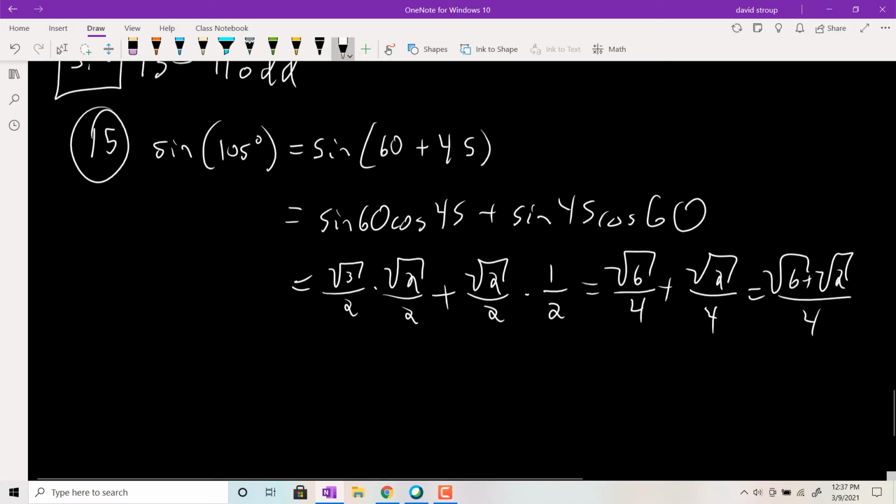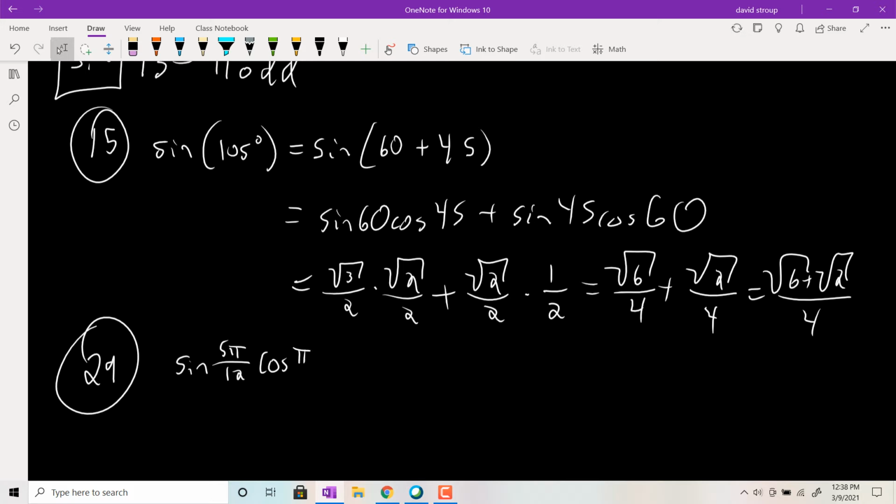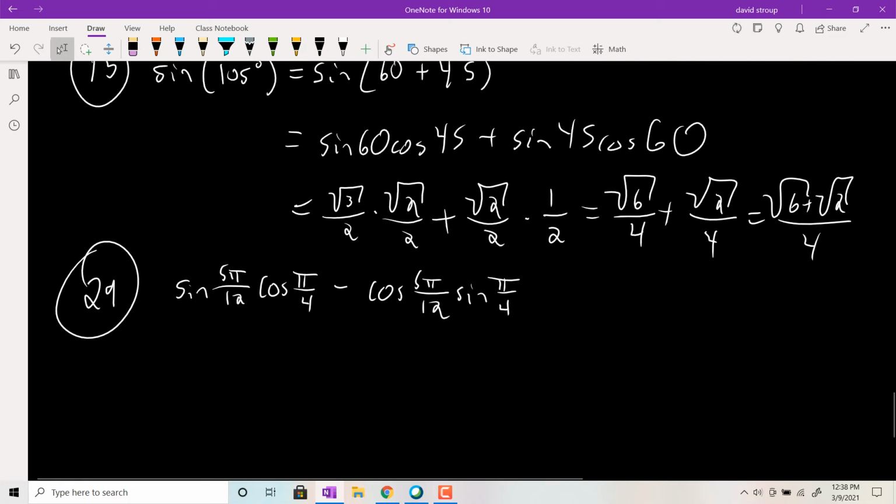Okay, let's look at one where we go in the other direction. So problem 29, you have the sine of 5 pi over 12, cosine of pi over 4, minus cosine of 5 pi over 12, sine of pi over 4. Okay, so using the same sine formula, this time we note it's sine of 5 pi over 12 minus pi over 4.